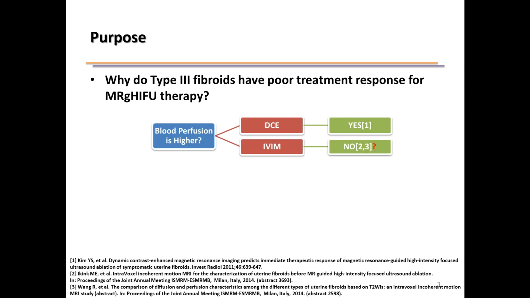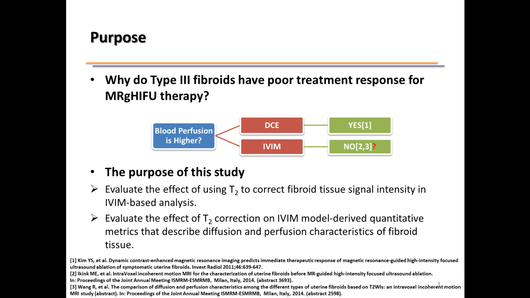Studies have shown that blood has much longer T2 than the fibroid tissue. The purpose of this work is to investigate the effect of T2 difference between fibroid tissue and blood on the IVIM model. We modeled the effect of this T2 variation numerically and tested the model on data acquired in vivo.